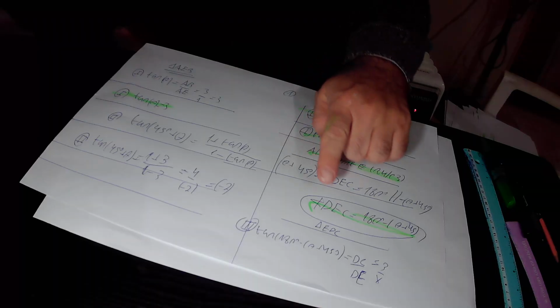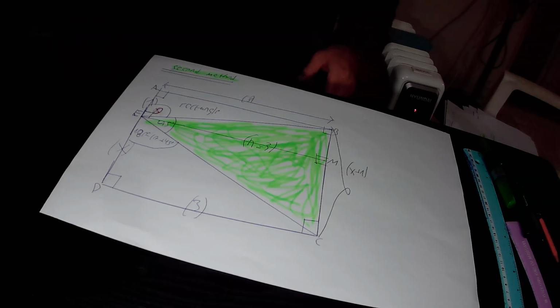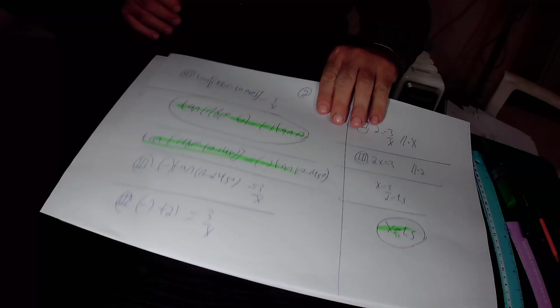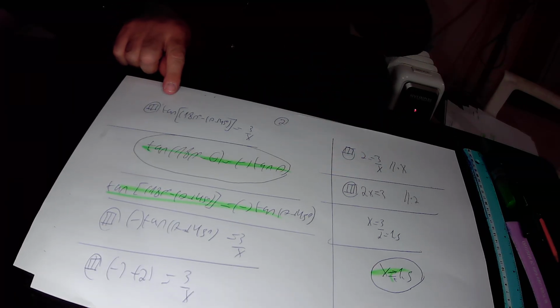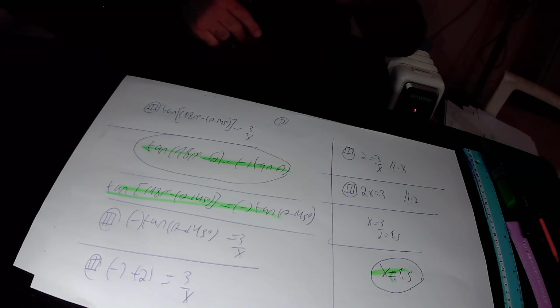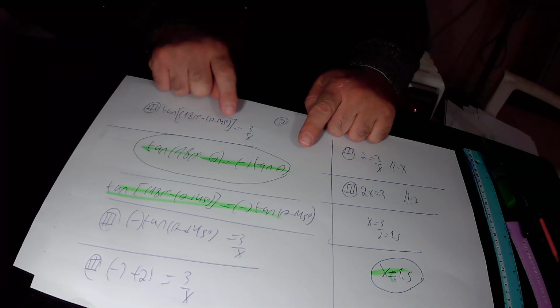So in total, tangent of 180 degrees minus theta plus 45 degrees equals 3 over x. Repeat again, according to equation 3, tangent of 180 degrees minus theta plus 45 degrees equals 3 over x. We have another trigonometric identity that says tangent of 180 degrees minus theta equals minus tangent theta.